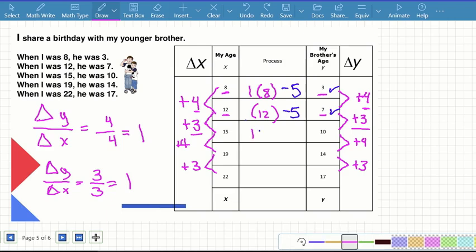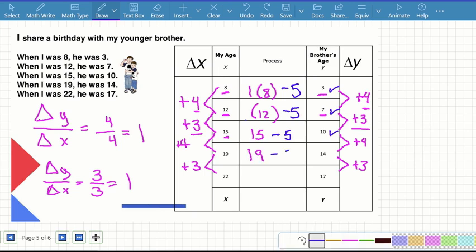Let's continue. I'm going to bring over my 15 from my x value, and I'm going to subtract my 5, and I get 10. My 19 I'm bringing over from my x value, subtract my 5: 19 minus 5 is 14. 22 minus 5 is 17.